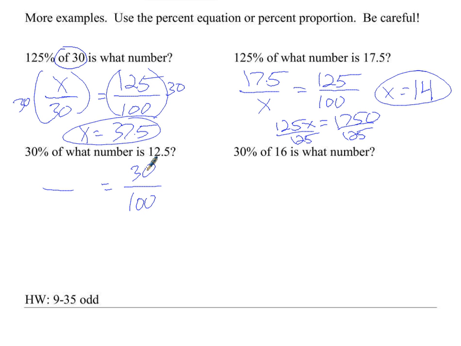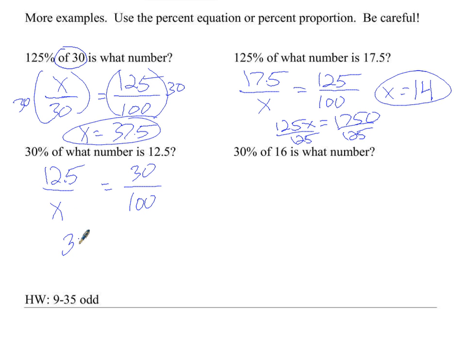The 12.5 goes on top, because it says is. Is 12.5 is on top. Of what number? That means we have x on the bottom. Now think about this: 30 over 100. The 30 is smaller than the 100. The 12.5 must be smaller than that number, and that's kind of what we thought was going to happen. So this is set up correctly.